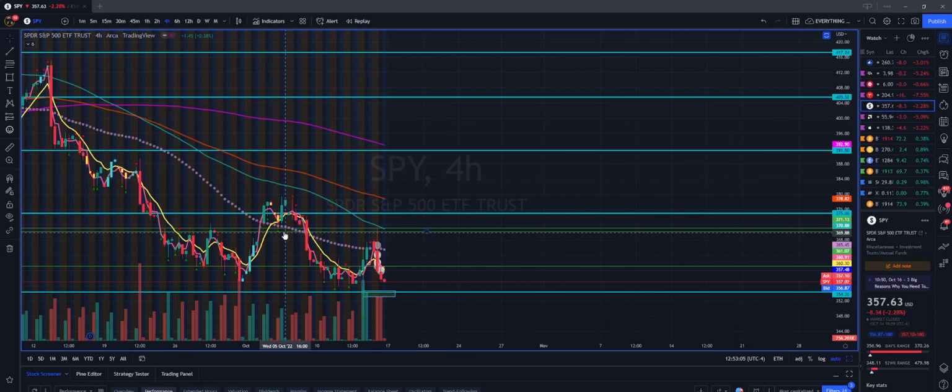So basically what moving averages do is, we're talking about the exponential moving average, which is the yellow one. If it's too far off from the 8, we should see something coming back down to the 8, at least touching it, right? If we go far down from the moving average, we're going to see it coming back up again.